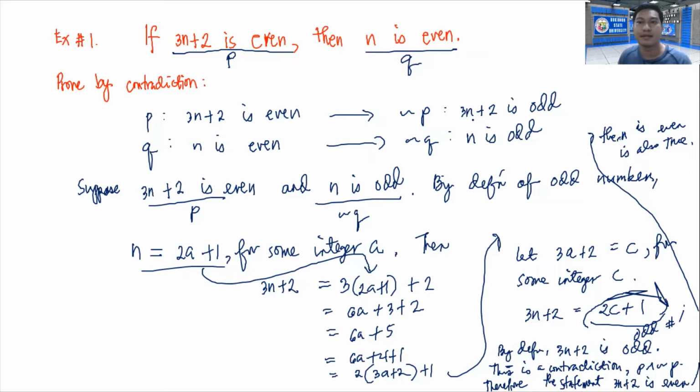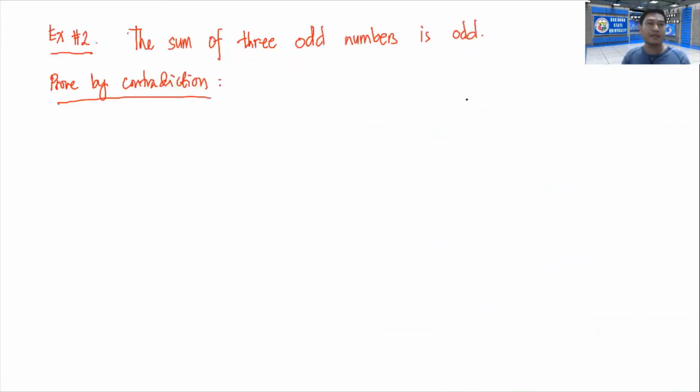Let's try another example. Okay, let's have this example. The sum of three odd numbers is odd. As you can see, there is a need to convert it to if-then form. So let's convert it first.